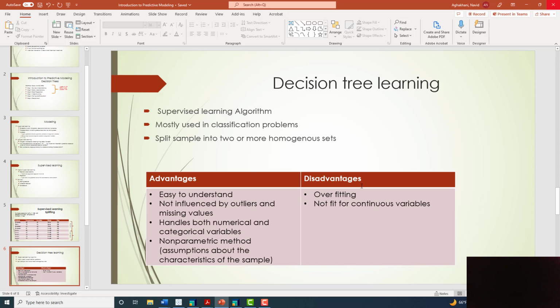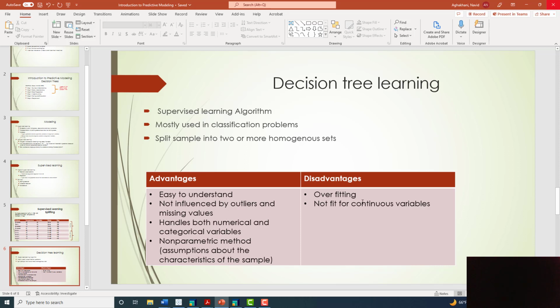There are some disadvantages related to using decision trees. The first one is overfitting. It means that in decision tree models, your model tends to perform very well on the training data set. It learns very well on the data set.